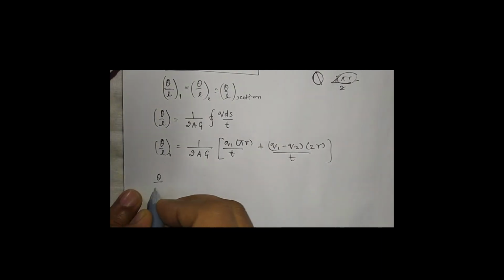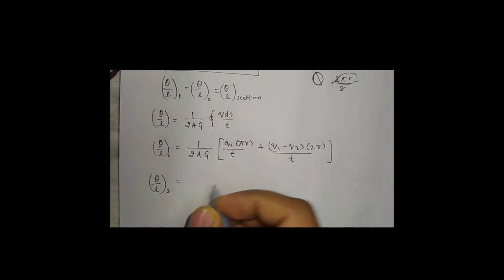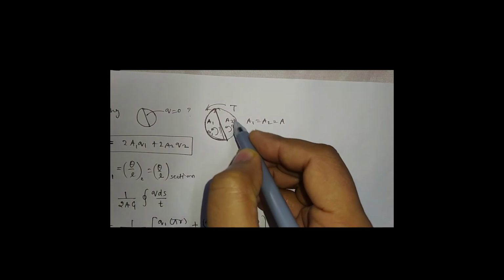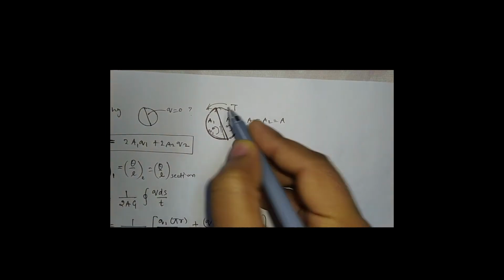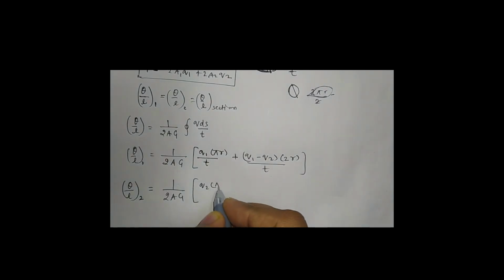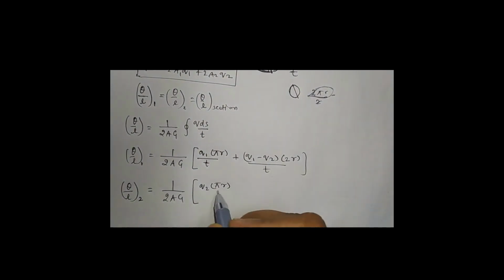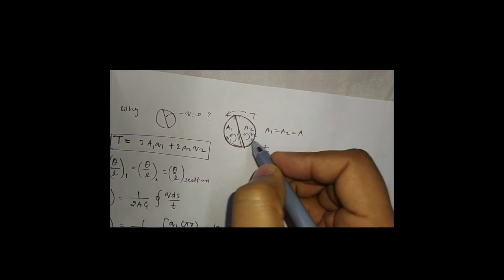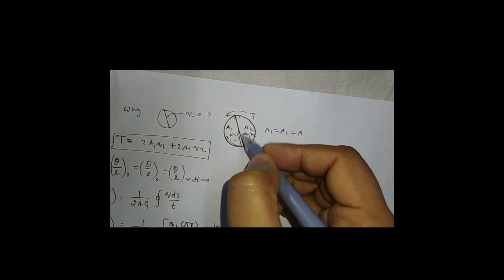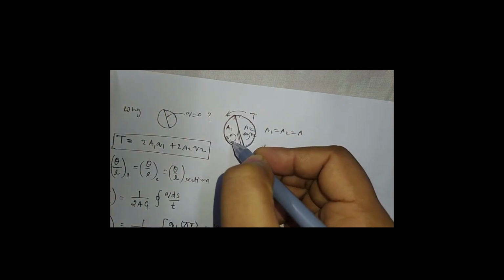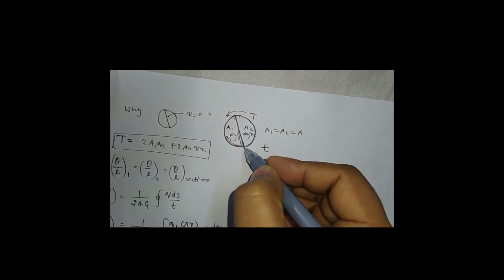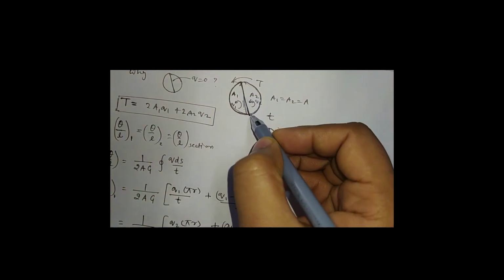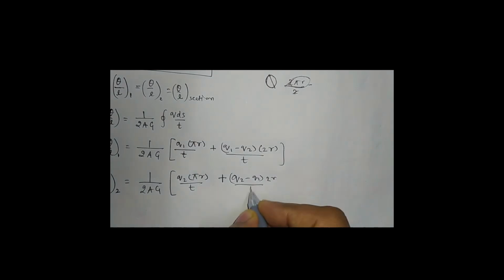Similarly, for cell 2, 1 by 2 A G. Now Q2 in this ring, Q2 pi into r, same as the parameter, divided by T, plus again now we are considering this, then Q2 is coming in this direction and Q1 is going in this direction at the central web. So Q2 minus Q1, and same parameter is 2r, this is 2r divided by T.